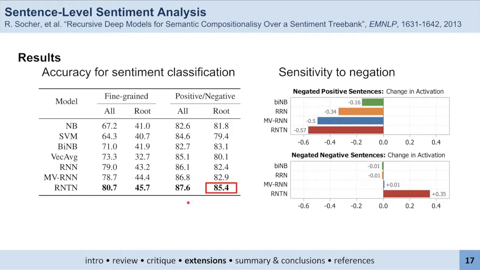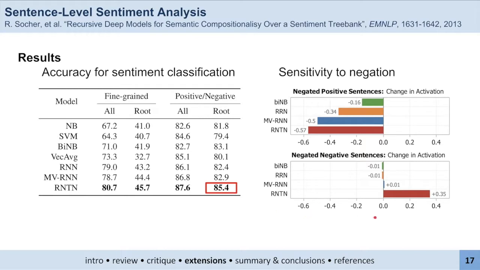On the left side, this table is about accuracy for sentiment classification. And as we can see here, the accuracy for binary classification over full sentences is very high. It's over 85%, which was never reached before. And other results are also very good.